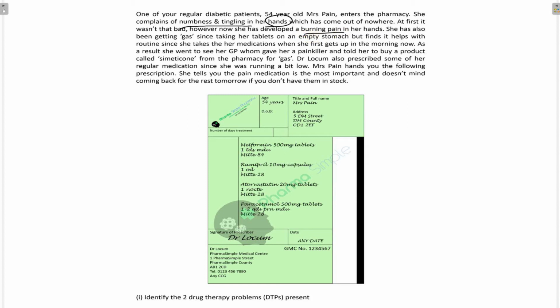A burning pain is being experienced by our patient. This means it's most likely that our patient is suffering from nerve pain or neuropathic pain. Just note that you can even get loss of balance or coordination because it can affect different nerves.